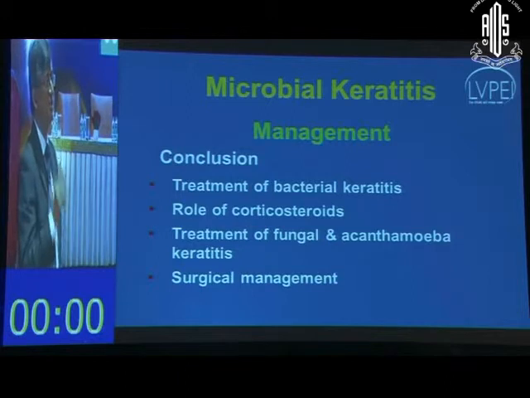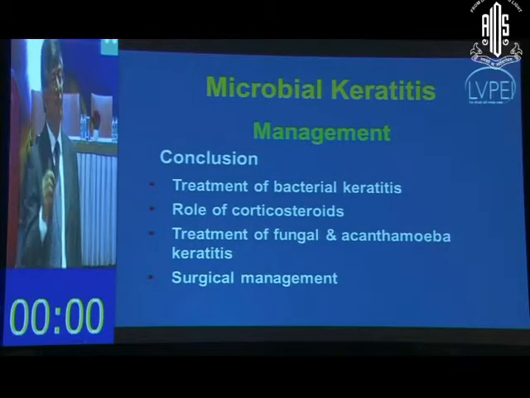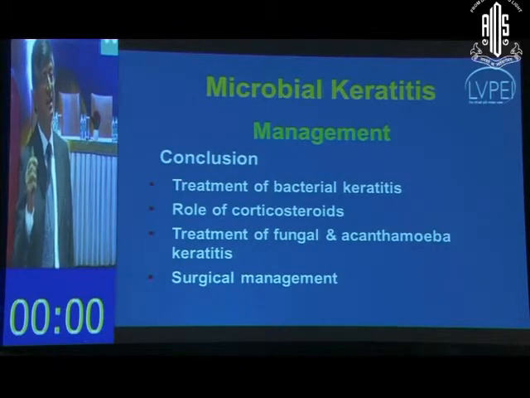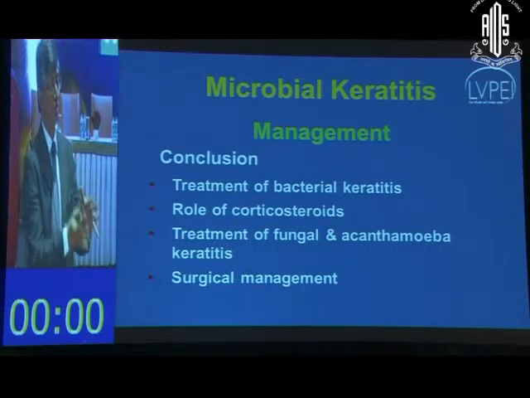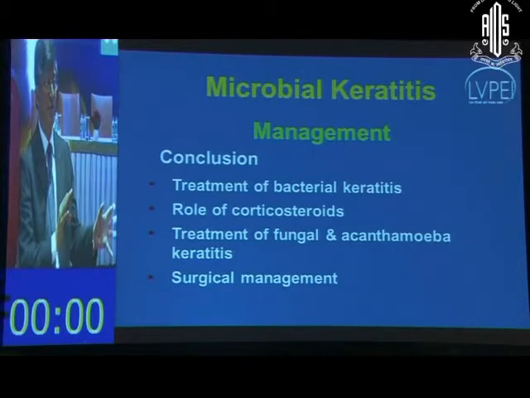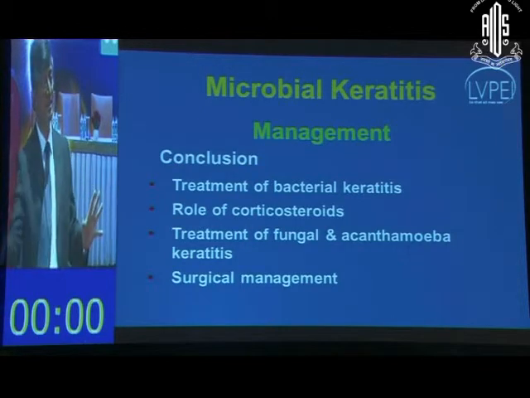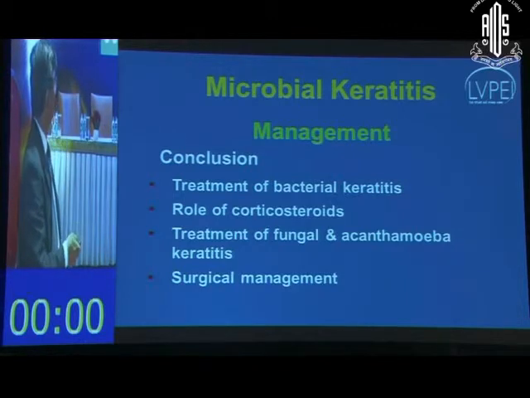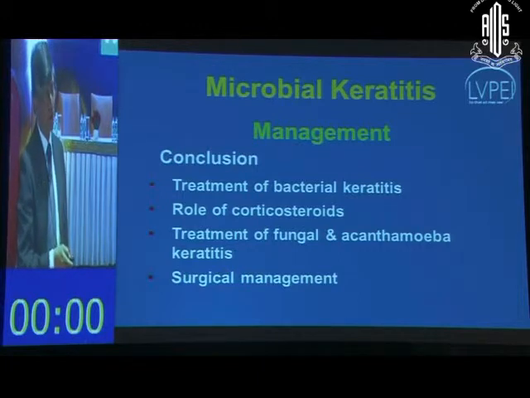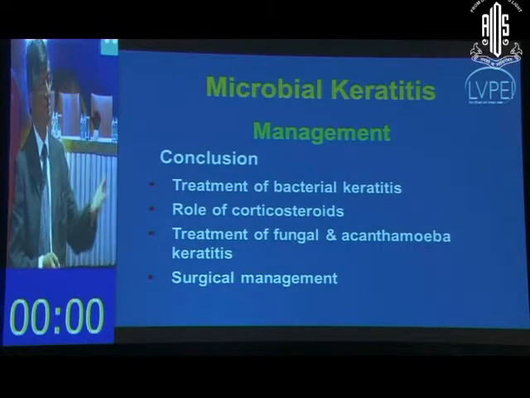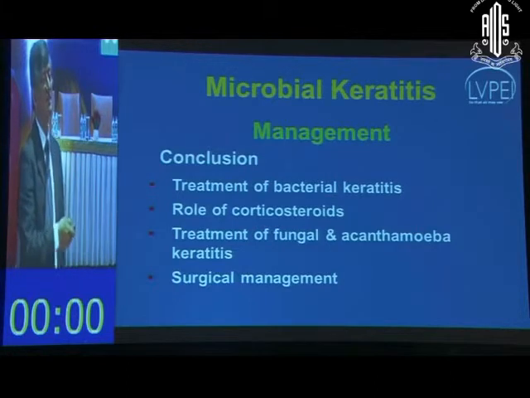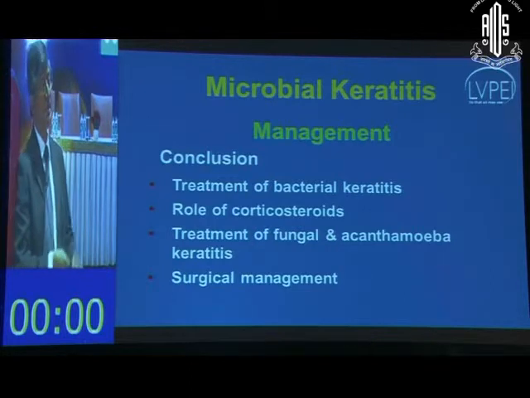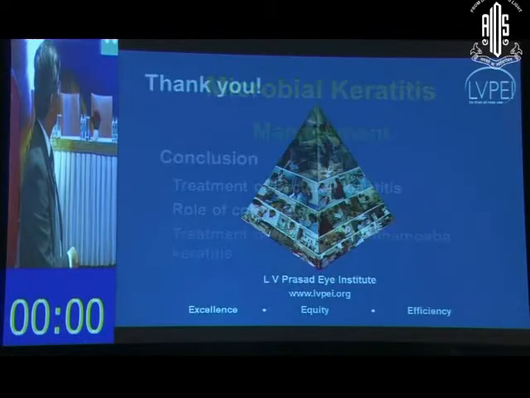We also touched upon the principles in treating fungal and acanthamoeba infection and learned that the antifungal drugs, voriconazole and natamycin, are almost equal in efficacy, and you need not jump on to using voriconazole all the time. Natamycin still holds value, and in acanthamoeba the drugs are not commercially available. You will have to either refer these patients or procure these drugs. And surgical management is indicated in patients who present with advanced keratitis.